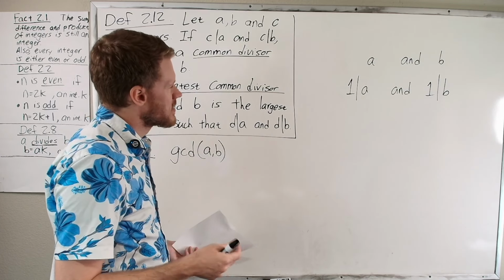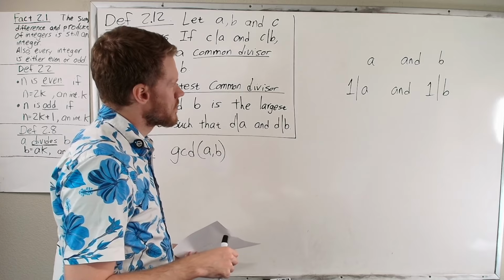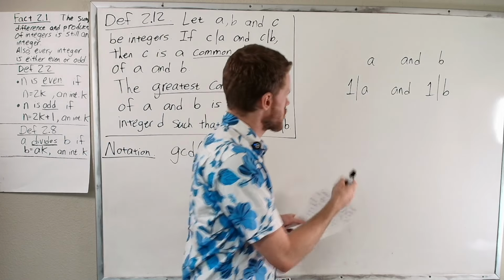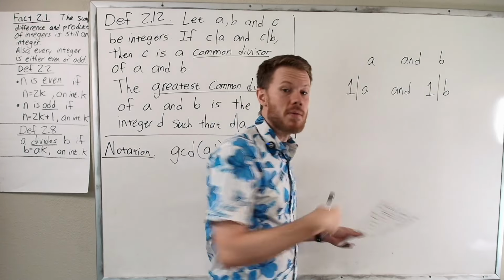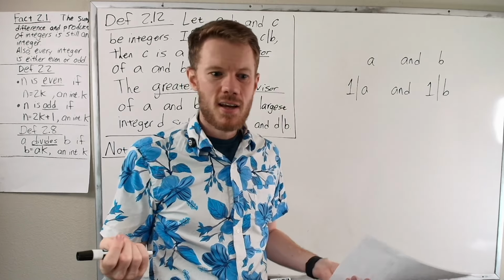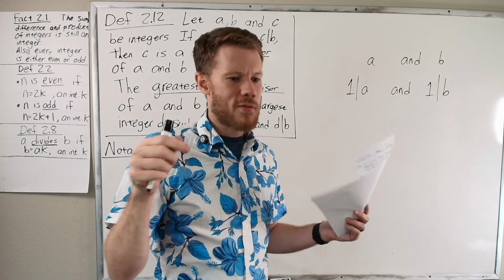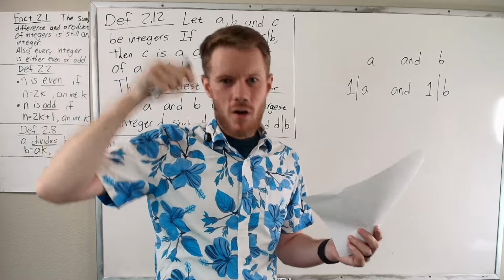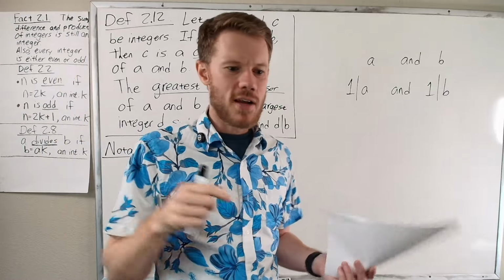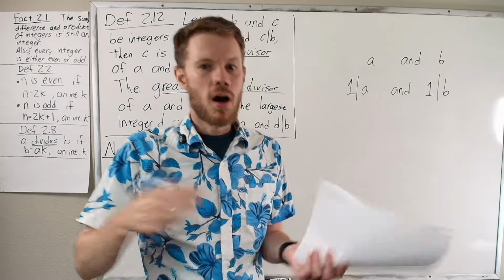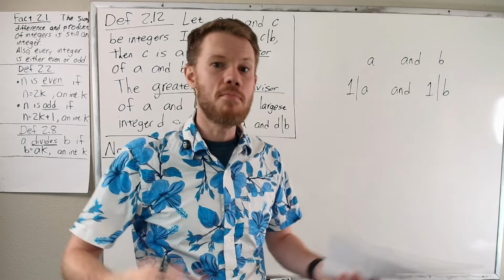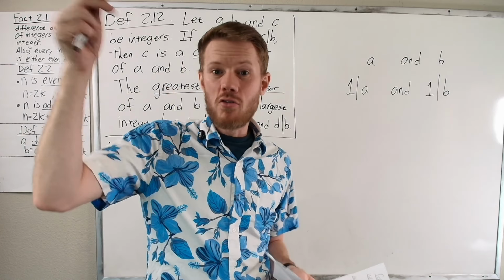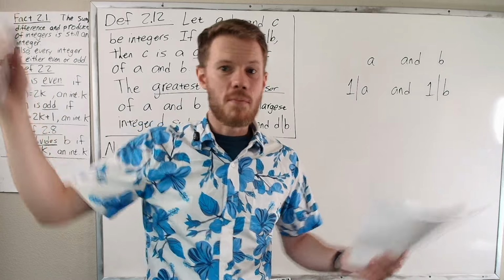Well, so if there's a common divisor, how could there not be a greatest? Well, maybe for a pair of integers, there's larger and larger numbers. Okay, not only does 10 divide A and B, but 100 divides A and B, and 1,000, and a million, and a trillion, and there's no greatest because it just goes on forever, up and up and up.